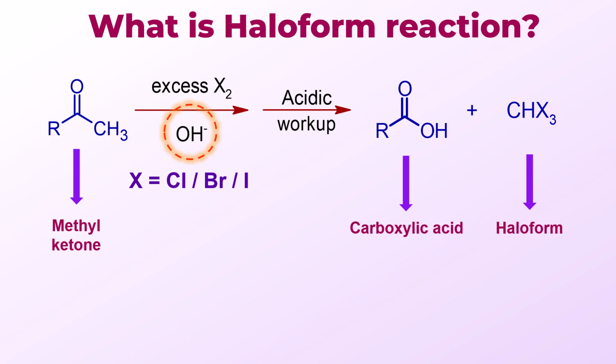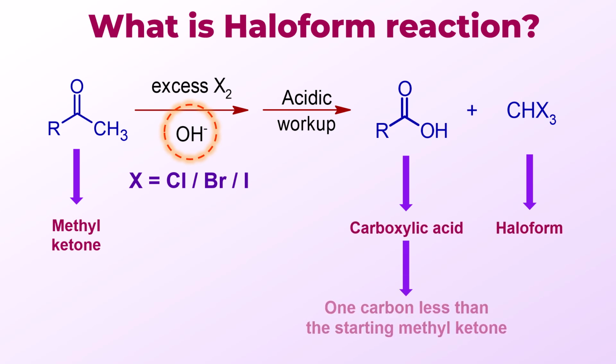The carboxylic acid formed contains one carbon less than the starting methyl ketone. Overall, the reaction involves cleavage of the C-C bond between the carbonyl carbon and the methyl carbon.